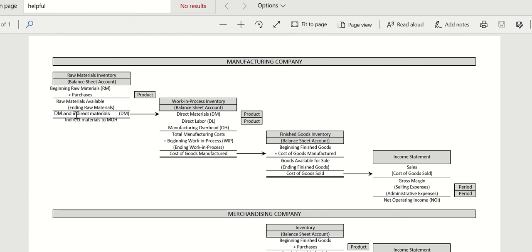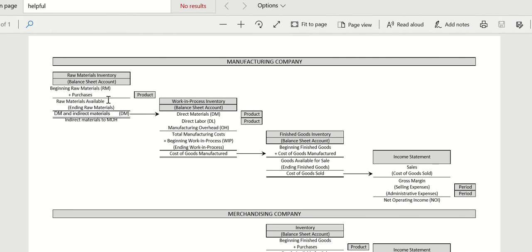So raw materials: first we buy raw materials, or maybe we have zero raw materials, right? We've never bought anything. So we go out and purchase these raw materials, and now these are everything that we have available to use in production. Simple example, I have $0 worth of raw materials. I buy $10 worth of raw materials, so I have $10 available.